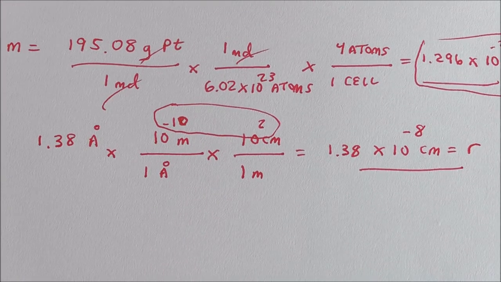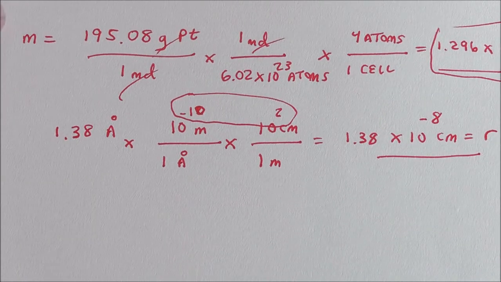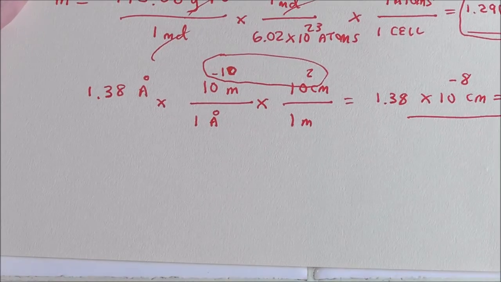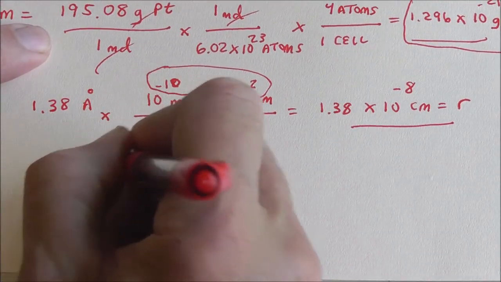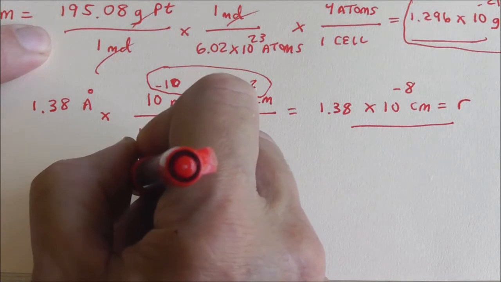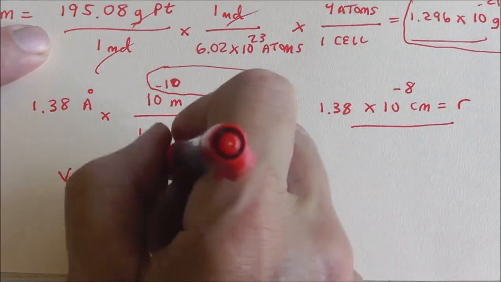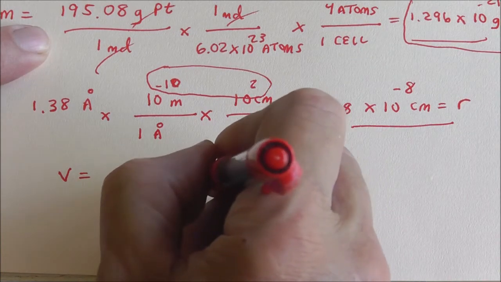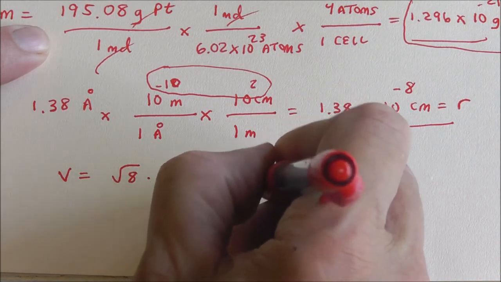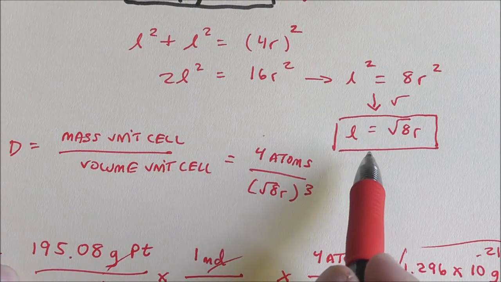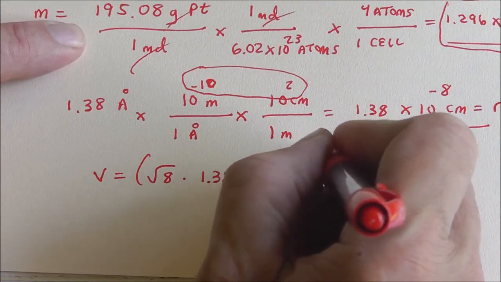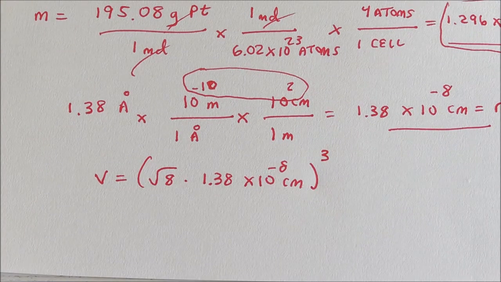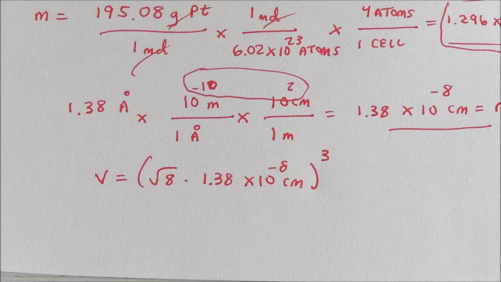All right. And that's kind of somewhat on the order of what the last problem was with polonium. So you'll start to recognize these. V equals square root of 8 times 1.38 times 10 to the minus 8 centimeters. Where'd that come from? Right there. We're going to cube that. Now, square root of 8 is 2.828.